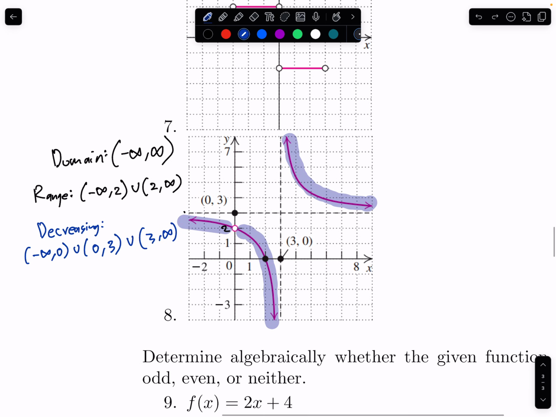Okay, let's do maximums first. Looking at this portion of the line, there's no maximum to the left because this thing is going up and up and up. So there's no spot that I could pinpoint as a maximum. And from here it's going down, down, down. There's no maximum either, except for this point right here.